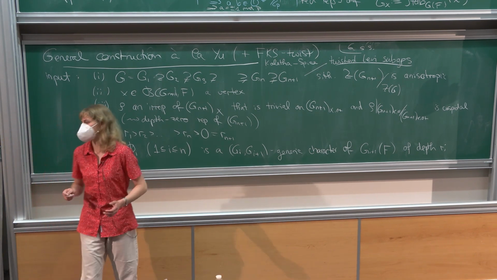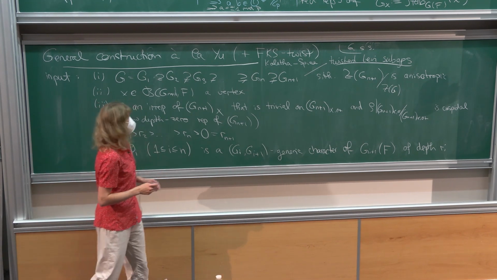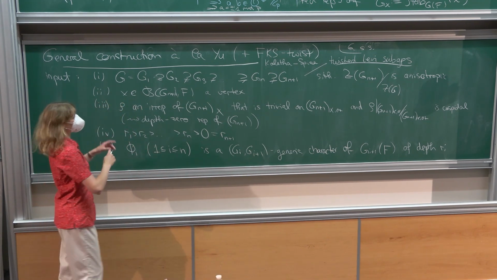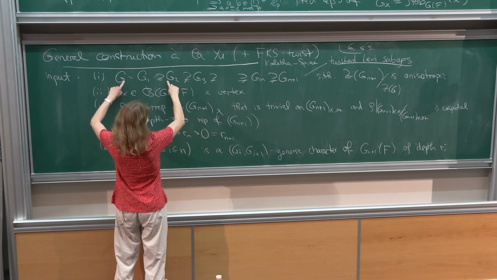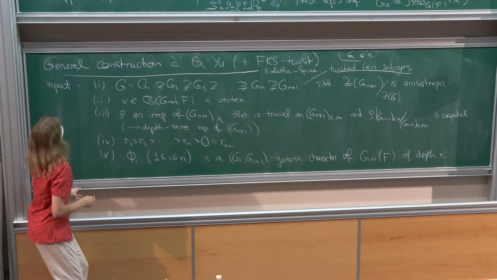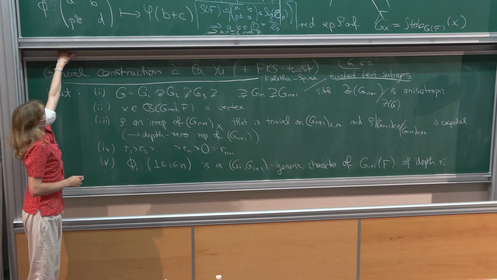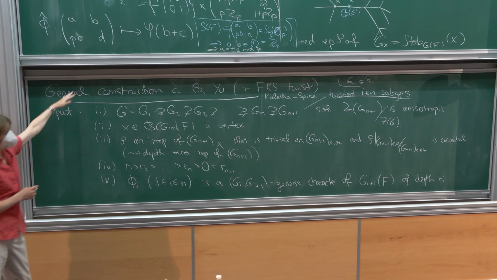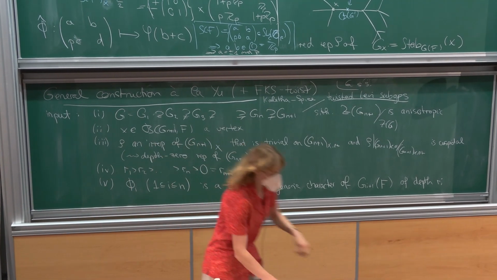That's automatic. It's the same. The question was if it's a twisted Levi of the whole or of the previous one, but it's the same. All right. So that's the input for the general construction.